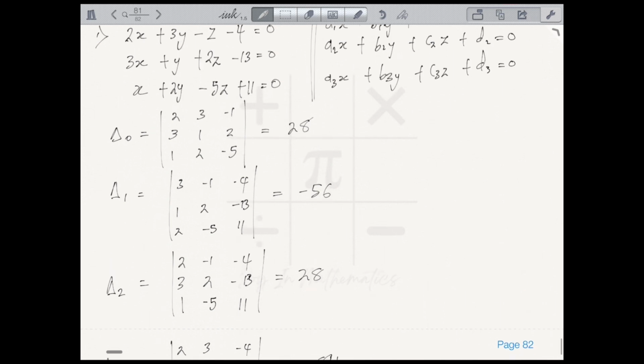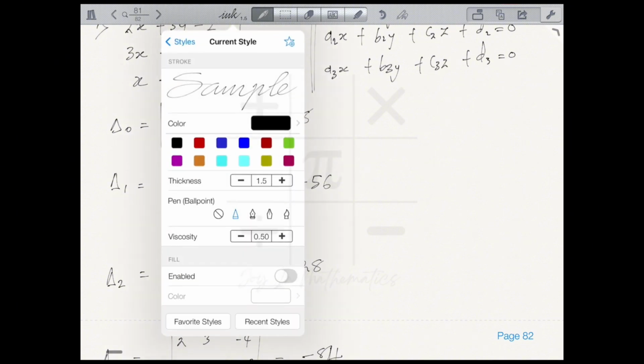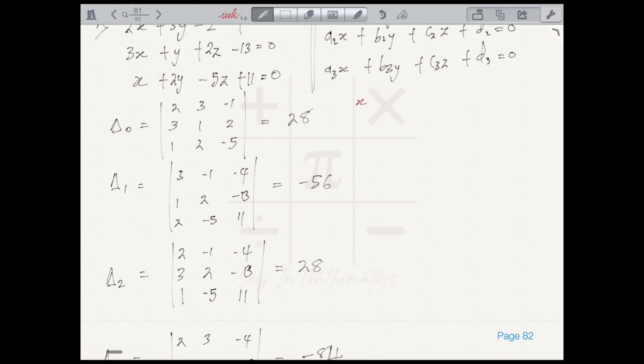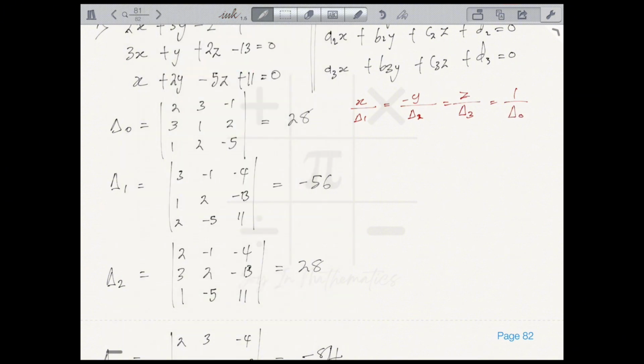Now to implement, evaluating x: x divided by delta 1 is equal to minus y over delta 2, which is equal to z divided by delta 3, and 1 divided by what? Delta 0. So let's now evaluate x, y, and z.